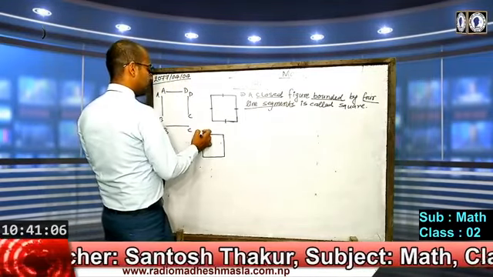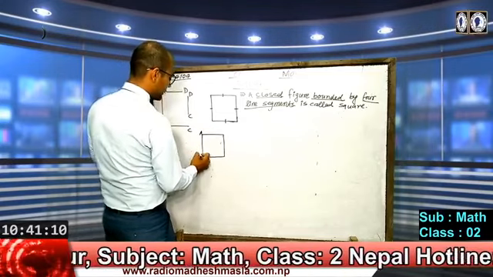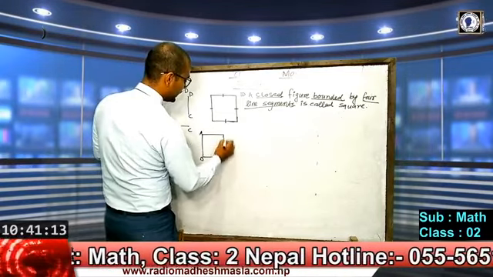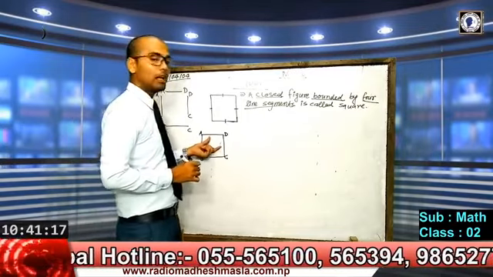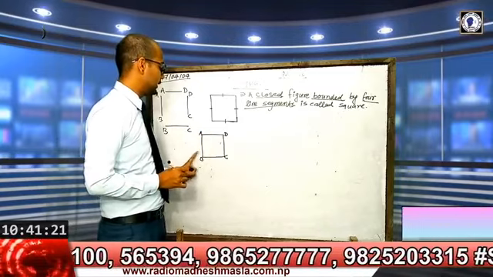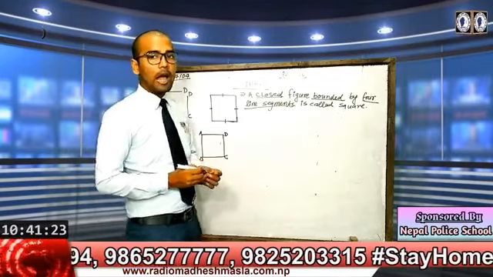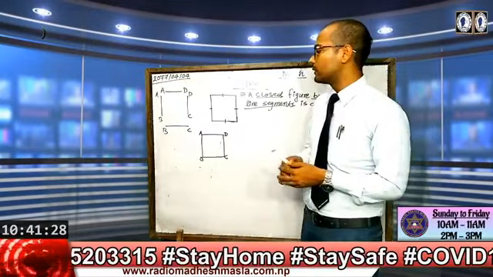Where A is common, we write only A, then B, C, D. Similarly, we form the figure by the vertices A, B, C, D, as we learned about vertices, angles, corners and sides of different figures.